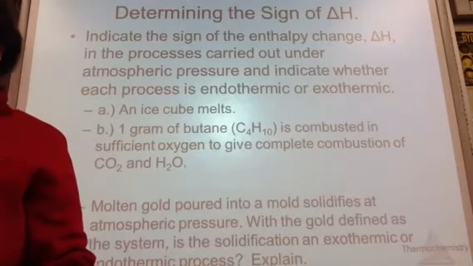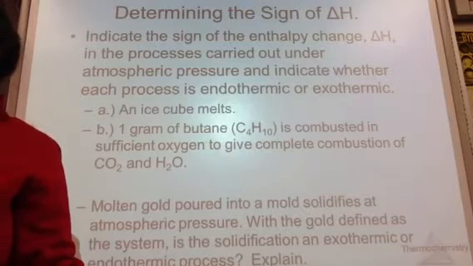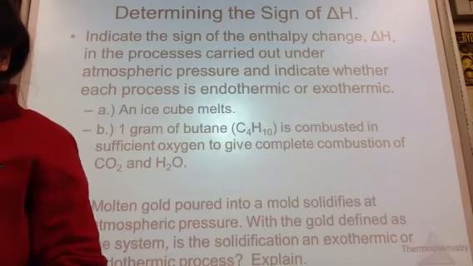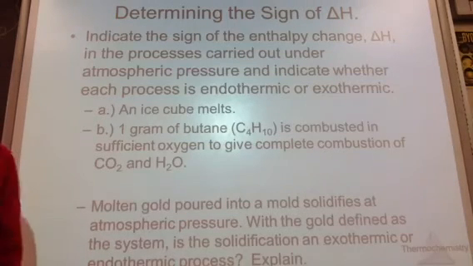In the first one, an ice cube is going to melt. I want you to think, would this have an enthalpy change that's positive, or would delta H be negative? I'm going to give you a minute to think.